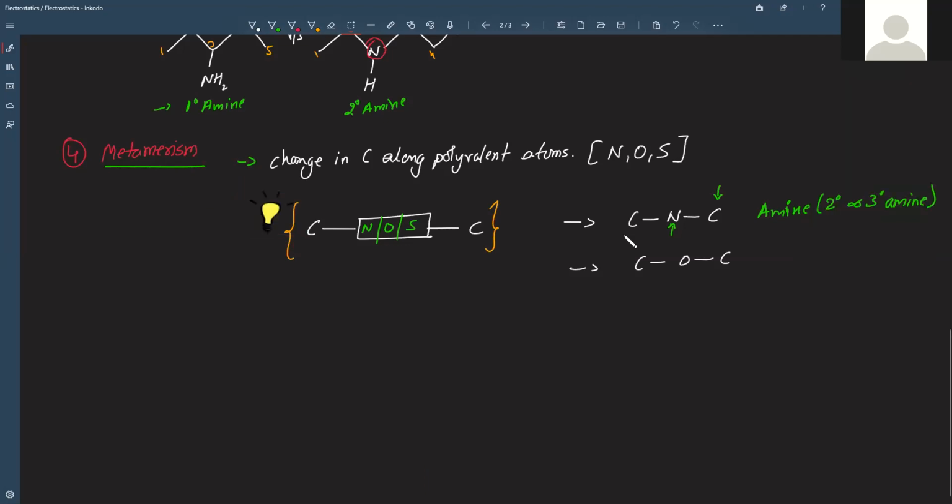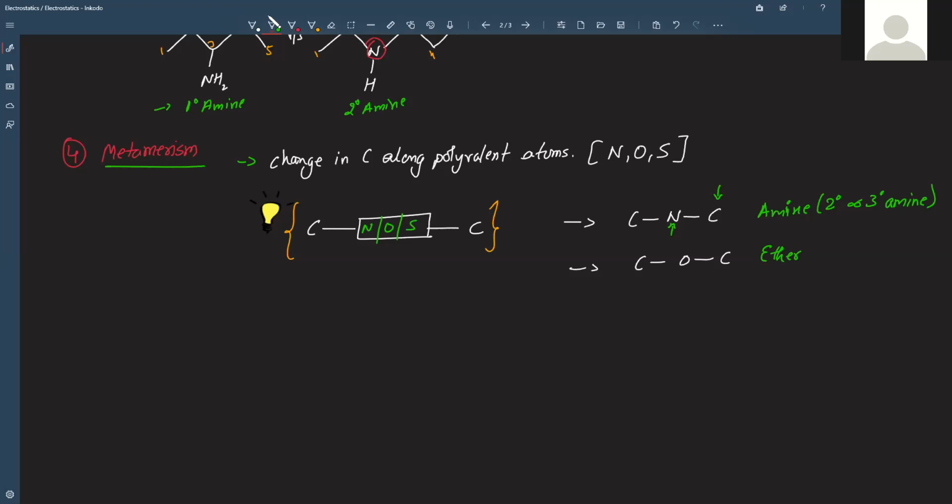There should be carbon, and between two carbons there can be a nitrogen, oxygen or sulfur. If it is a 1-degree amine, there is no second carbon, there is carbon and hydrogen, and in between them there can be a nitrogen. So a 1-degree amine is not a candidate for this. And obviously the second example, COC, makes it an ether.